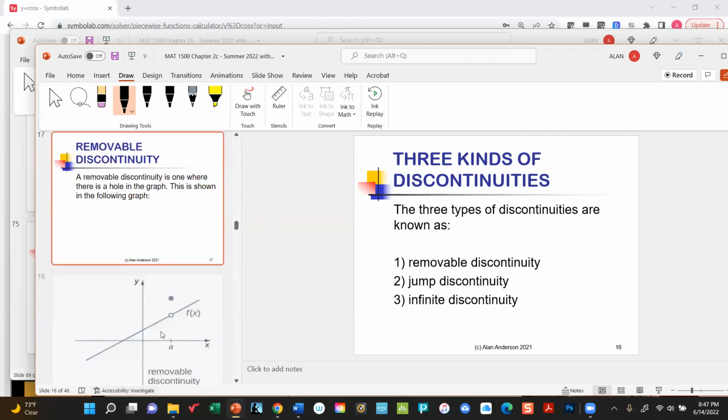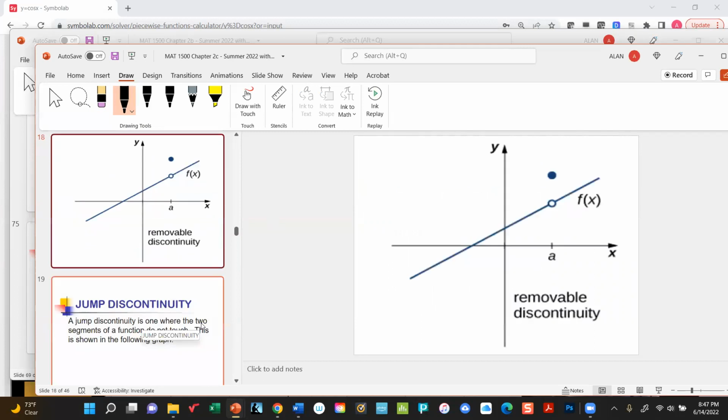So this one, yes, removable discontinuity is the case where f of a is different than the limit. Okay, so it's like there's a hole, but there's a value for f of a anyway. In other words, f of a exists, but that's not good enough.